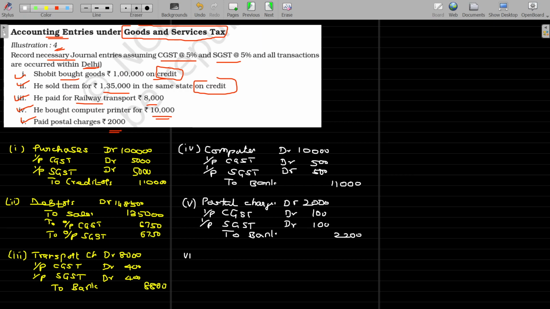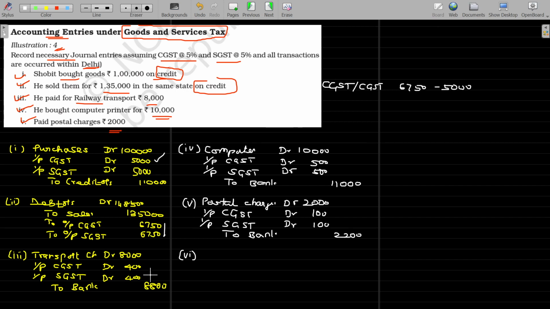Then finally, if it is a periodical end, we usually adjust the input tax and output tax once in every month end. So here I assume the month end comes here. So what is the output tax payable? The output tax payable in this case being 6,750, payable to either CGST or SGST. Okay. From there, input tax credit can be adjusted. What is the input tax credit we have? 5,000.